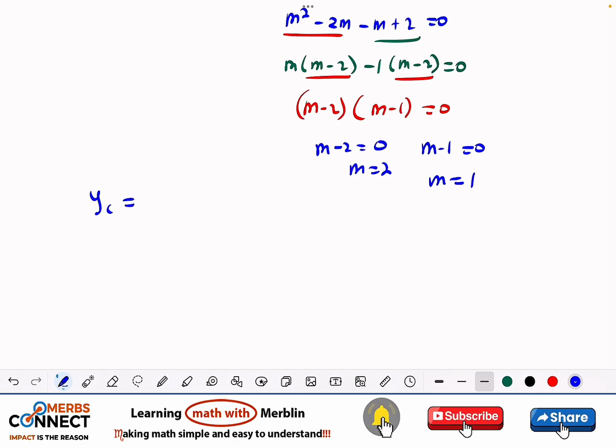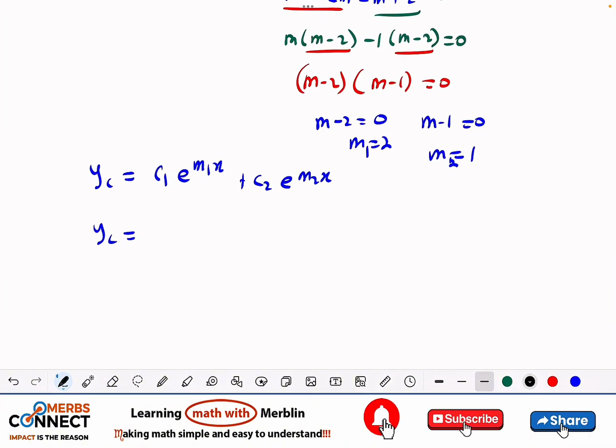So let's write the complementary solution. The complementary solution will be C1 e to the power m1 x, so let me make m1, m2, plus C2 e to the power m2 x. As you are doing it, you should be remembering what we've learned long time ago. So this is going to be C1 e to the power 2x plus C2 e to the power x.